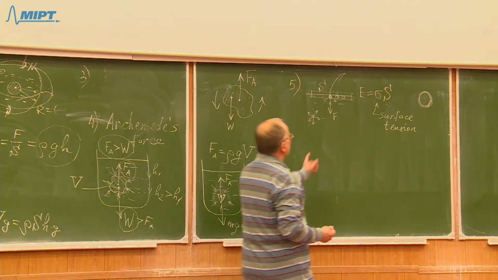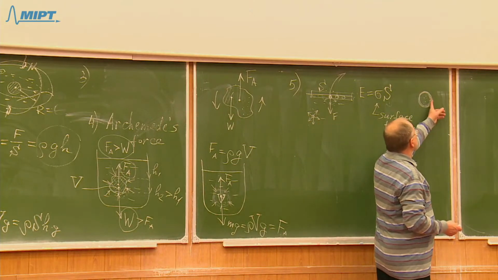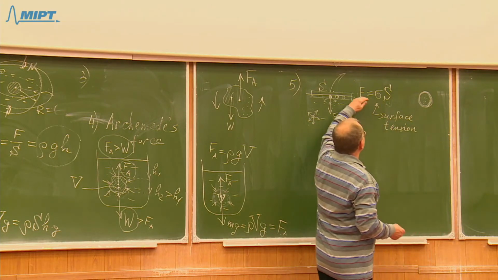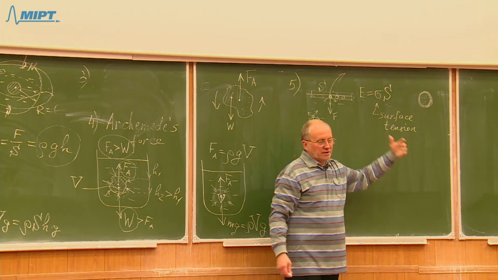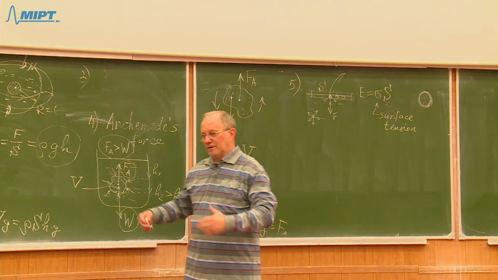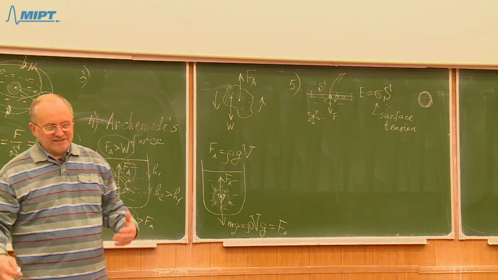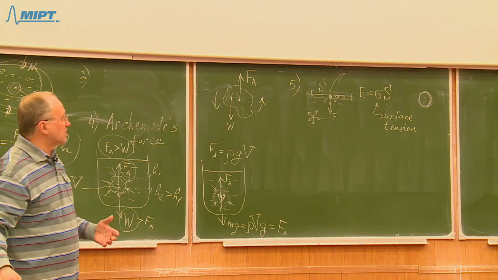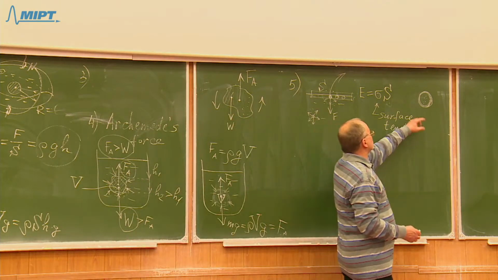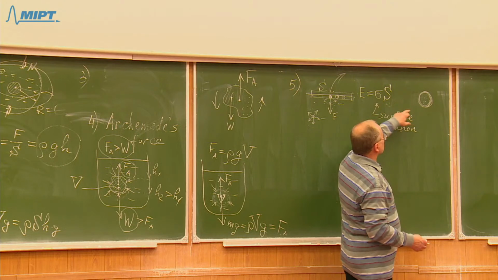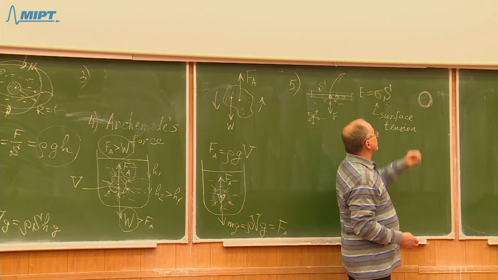Because the area of the surface tends to be minimal, so that the surface energy is minimal. Any object wants to have a minimal potential energy. If it's allowed to, then it will take the minimum possible potential energy.